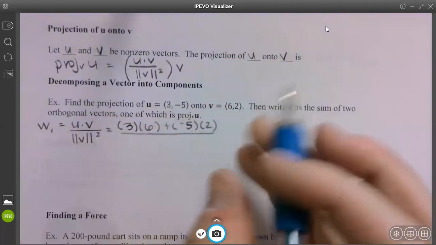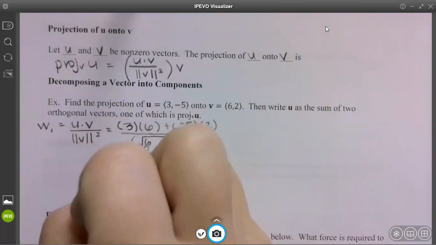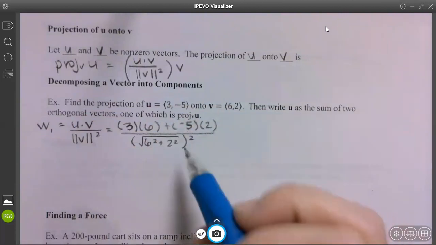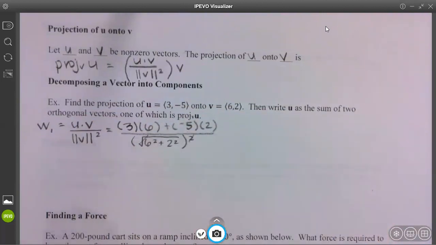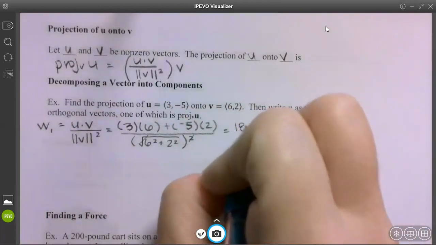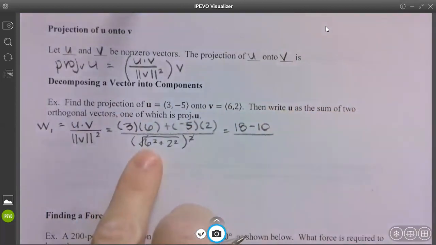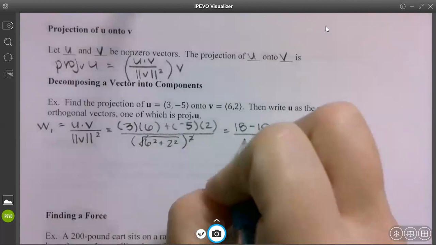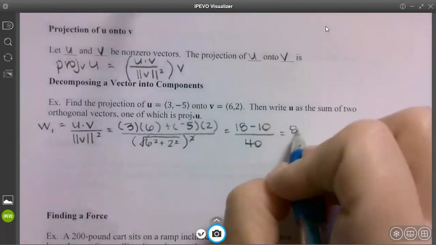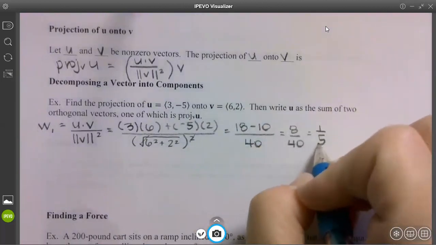This is the magnitude of V squared. So we're going to do 6 squared plus 2 squared. But when we square that, it just cancels out the square root. So on the top, we have 18 minus 10. On the bottom, 6 squared is 36. 2 squared is 4. When we add that up, we get 40. 18 minus 10 is 8 over 40, or 1/5.